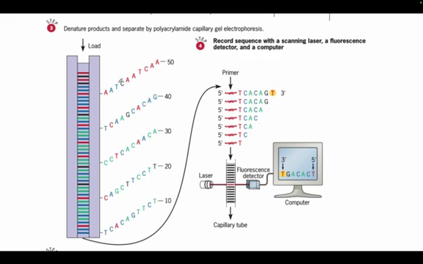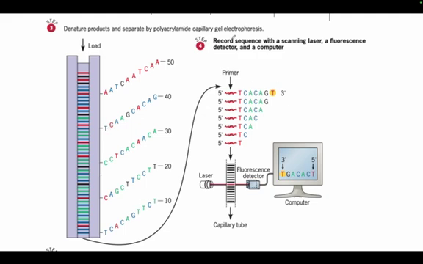And so we can just load all of these products on the gel and detect the sequence of the fluorophores in the gel. Right? So if T is blue, right, I can tell that this has to be a T, T, A, and so on. So I can just read off the sequence of these products.